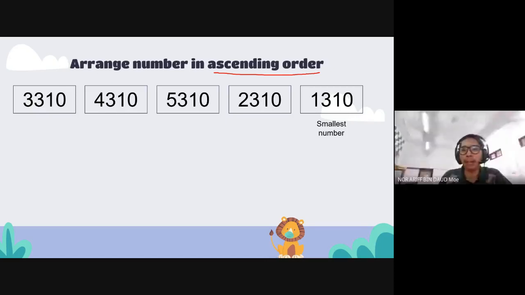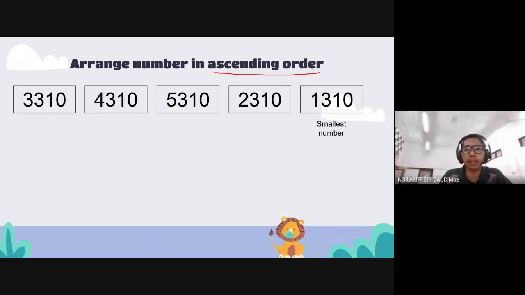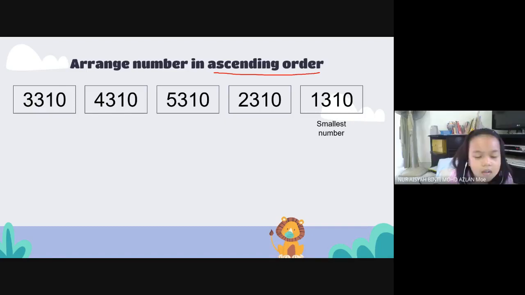And then I want to ask Aisha. Aisha, tell me the biggest number first. Biggest number, Aisha. The biggest number apa, Aisha? 5,310.